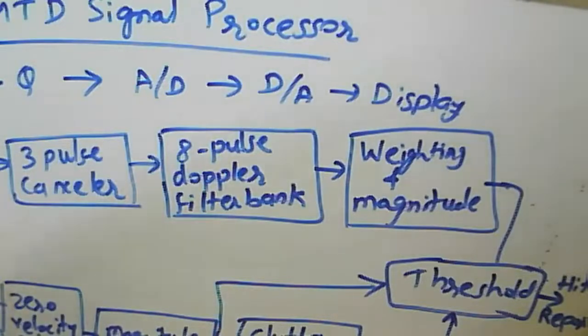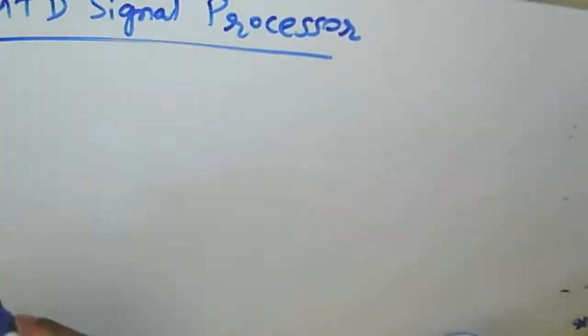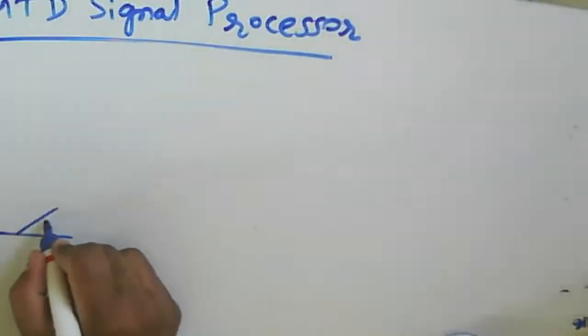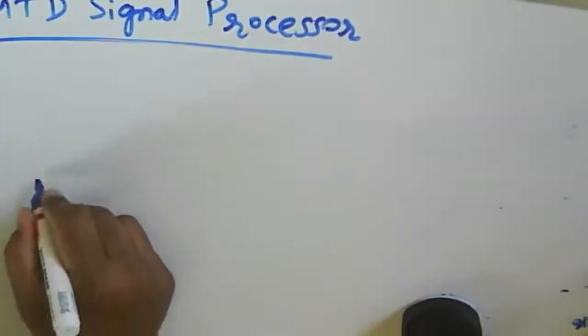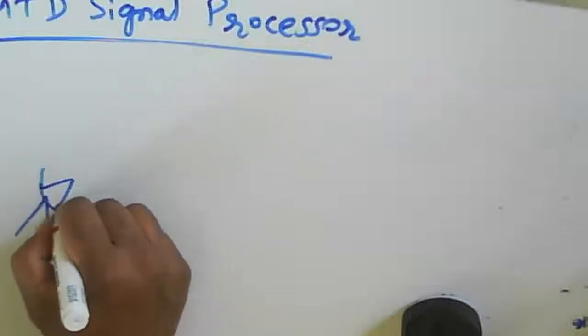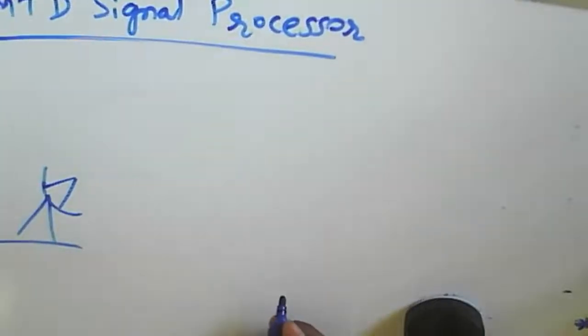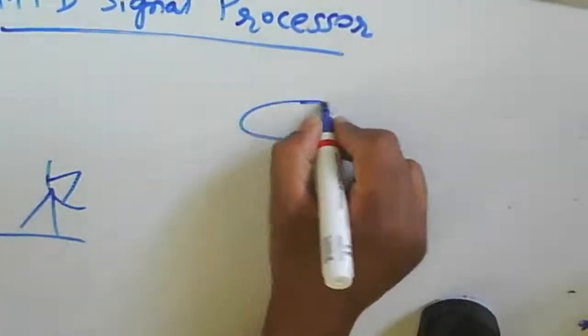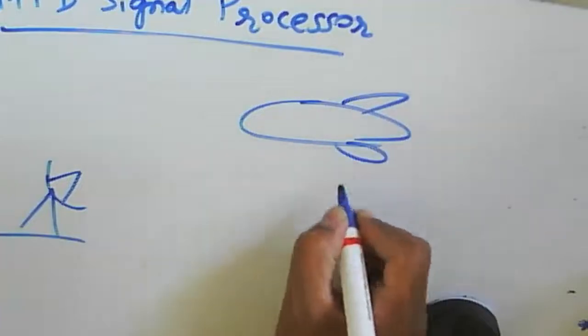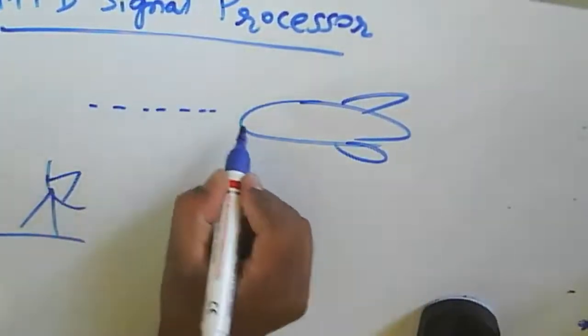Now, the signals we have seen till now assume that the radar is stationary, and we need to identify the range of the moving target.